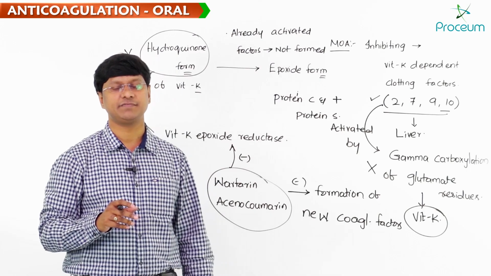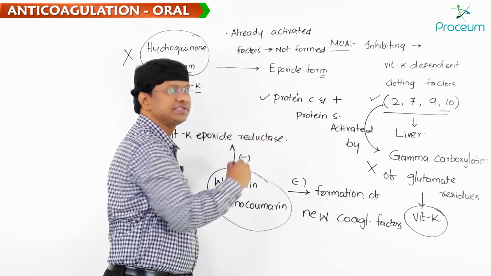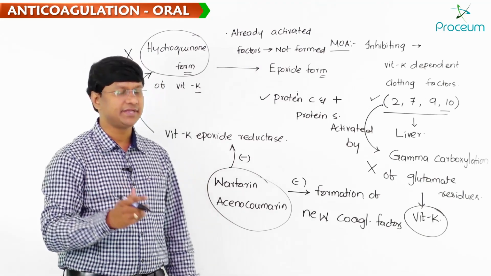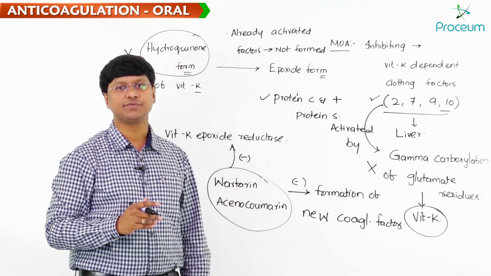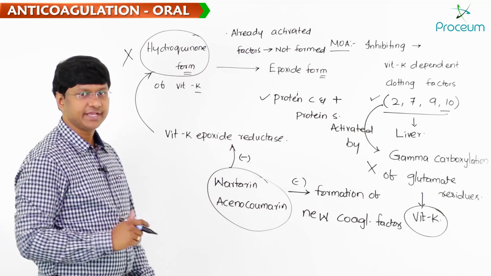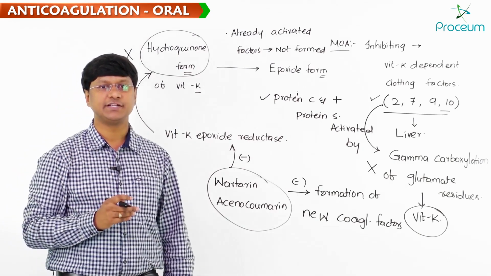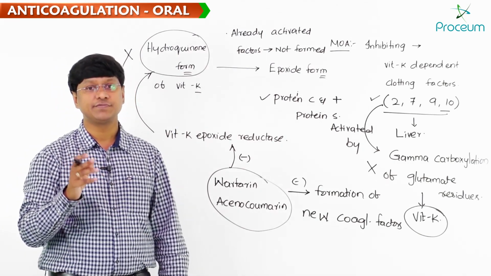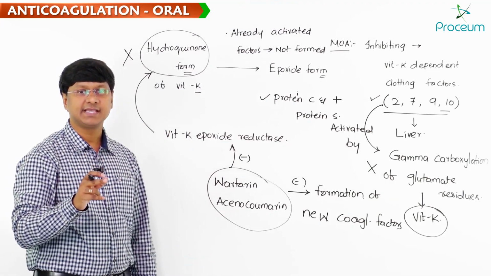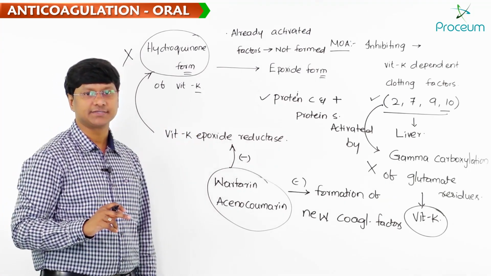These vitamin K dependent clotting factors include factor 2, 7, 9, 10 and as well as the anti-clotting proteins, that is protein C and protein S. And these factors are synthesized in the liver and activated by gamma carboxylation of glutamic residues with the help of vitamin K. Now, in this particular reaction, the hydroquinone form of vitamin K is converted to the epoxide form, and regeneration of this hydroquinone form by the enzyme vitamin K epoxide reductase is required for this activity to occur.